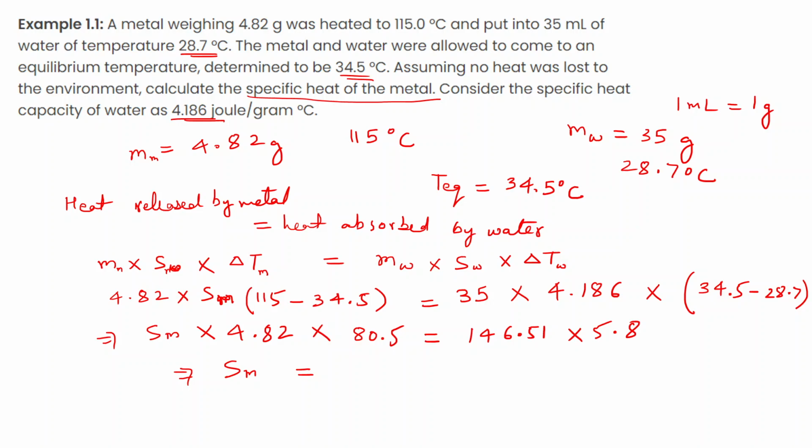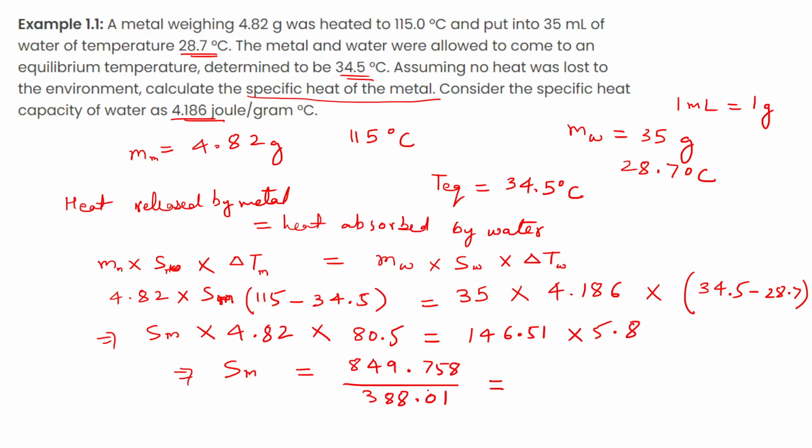From this, the specific heat capacity of the material will be 146.51 times 5.8, that means 849.758, divided by 4.82 times 80.5, that means 388.01.